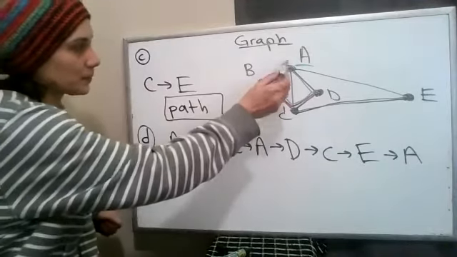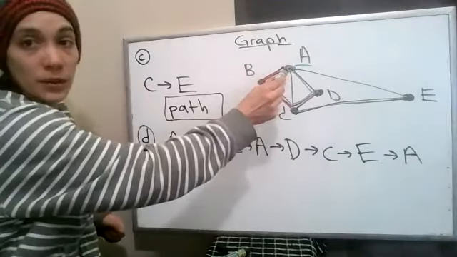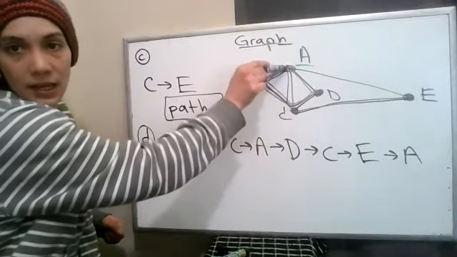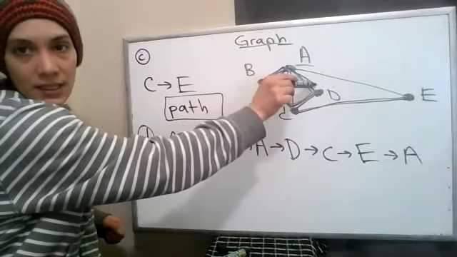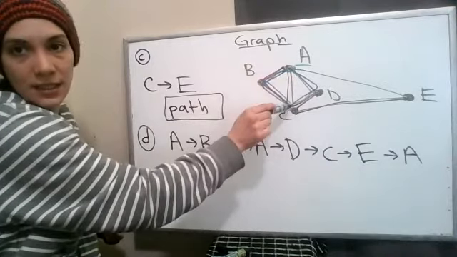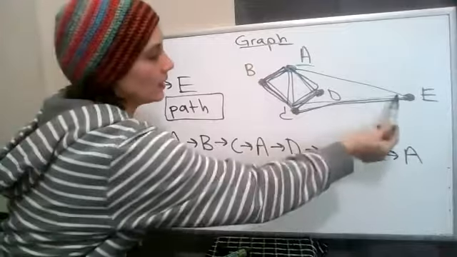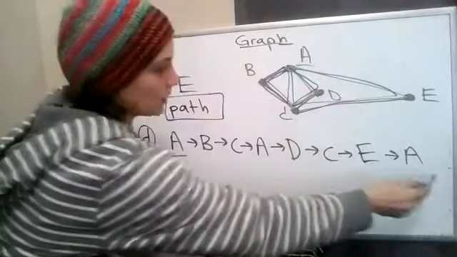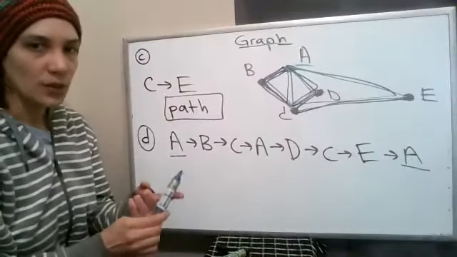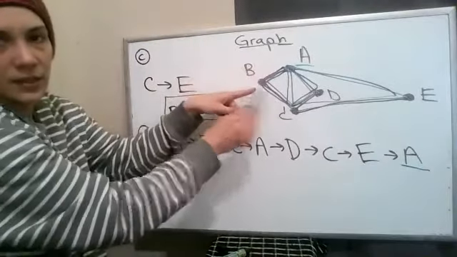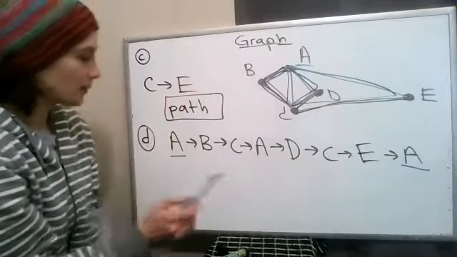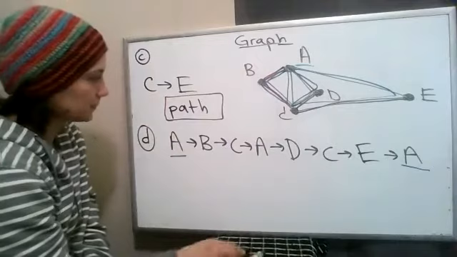Starting at A, go over to B, and then C, back to A, over to D, then to C, over to E, back to A. So we end where we start. It also was a walk. We got to go to every vertex using an edge. And we used each edge one time. So it's a circuit.